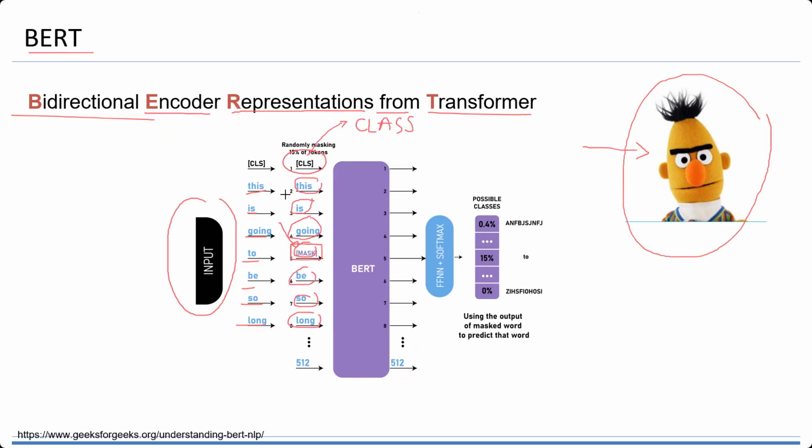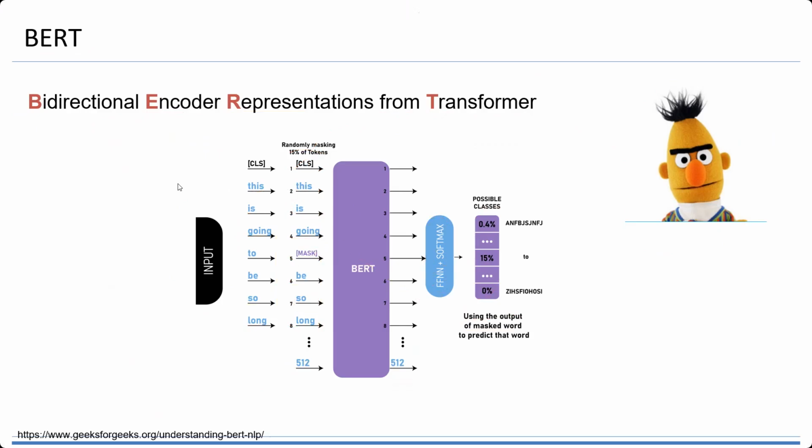Then those words go into the neural network, a feed-forward neural network with softmax, and we check what are the possible classes for this text. So we use the output of the masked word to predict the word. We want to know what is the best possible word for this mask. That is the idea of BERT.